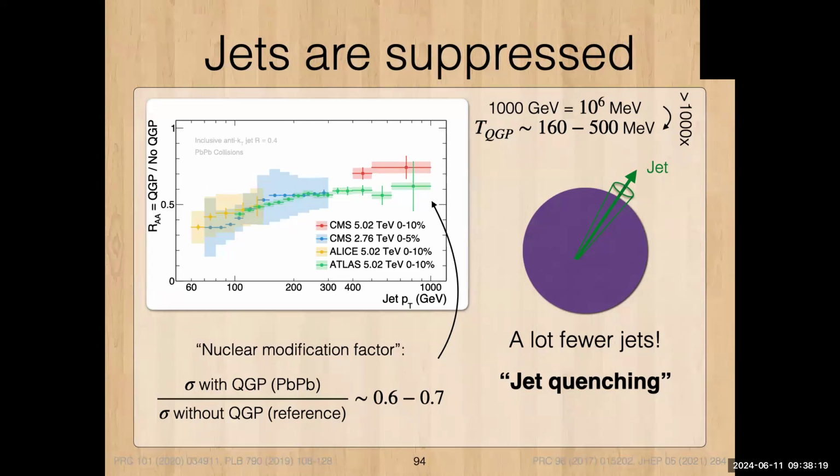Up here for TeV jets, it's like 0.6, 0.7. So it's quite a striking effect. This is very interesting because TeV is 10 to the 6 MeV, and the temperature of the quark-gluon plasma is only a few hundred MeV. So there's a factor of 1,000 difference, yet a third of them disappeared somehow. This is what we call the jet quenching effect. We see less energy after going through quark-gluon plasma.